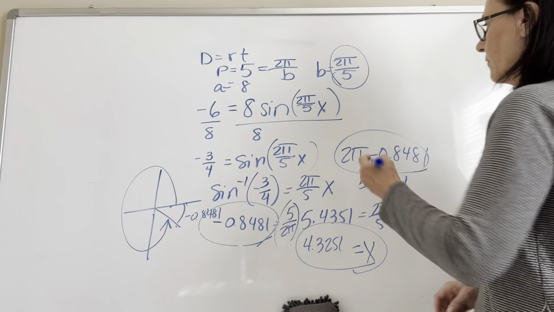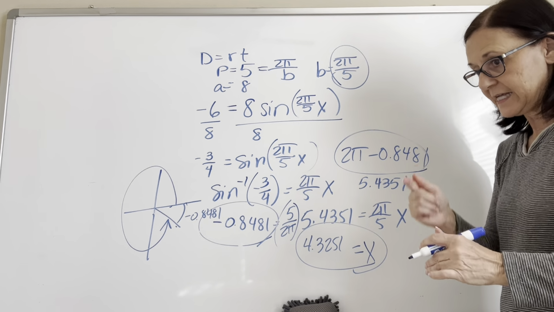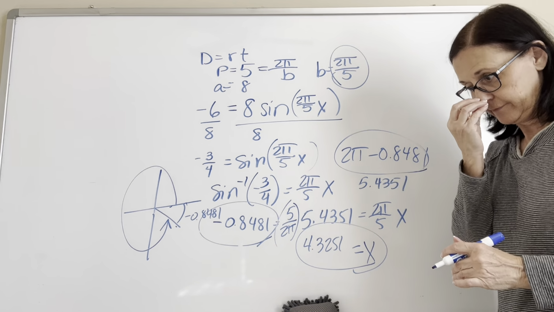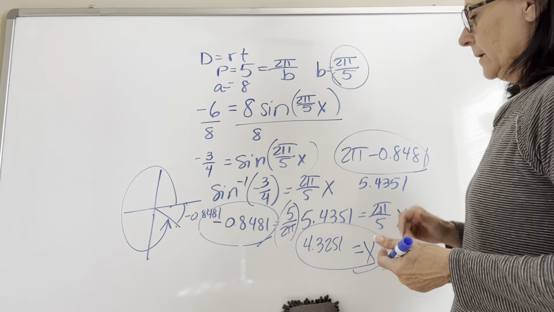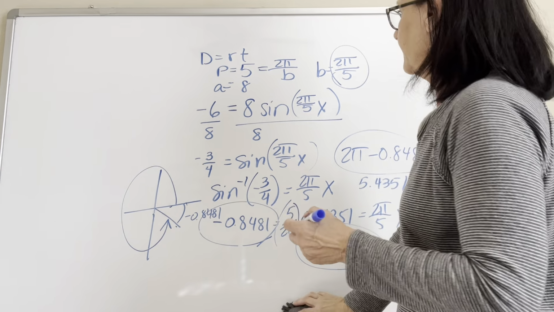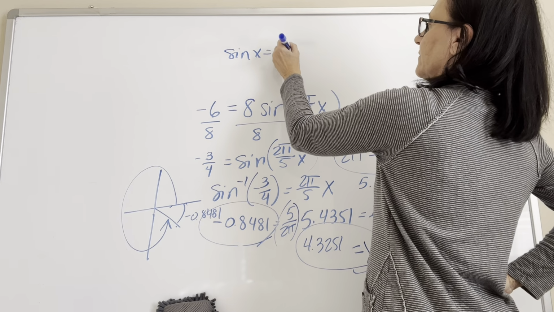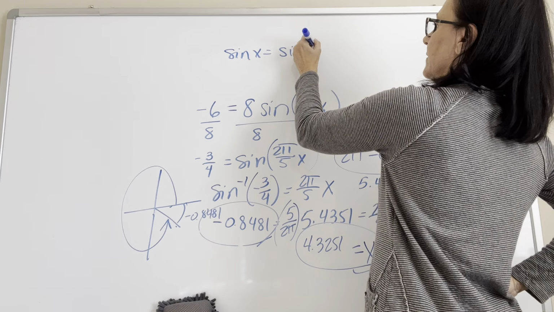All right. So remember, I need one in the third quadrant because it's all students take calculus, right? And the sine is also negative in that third quadrant. So remember from the previous lesson, let me erase some of this at the top. We said the sine of x is the same exact value as the sine of pi minus x.